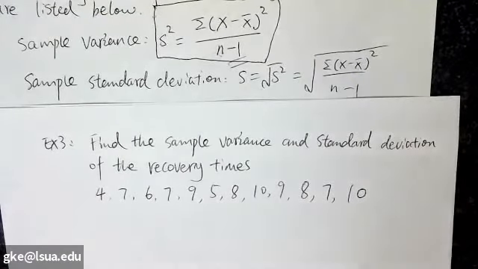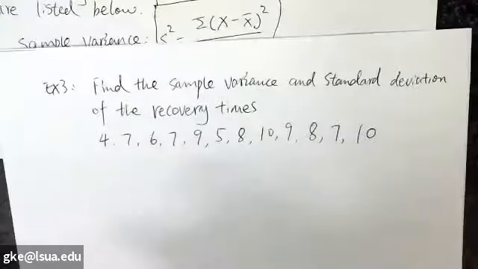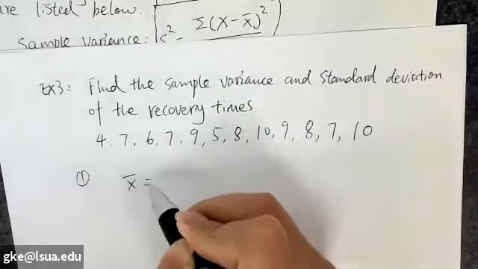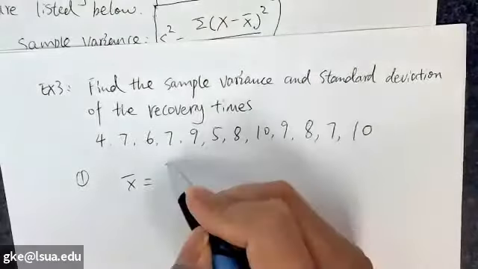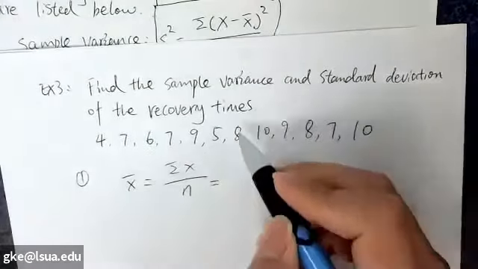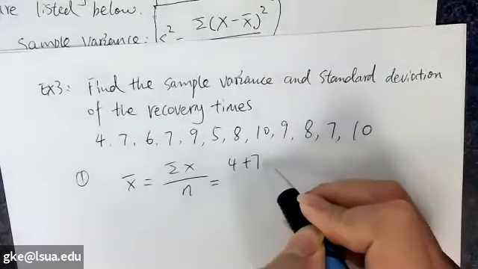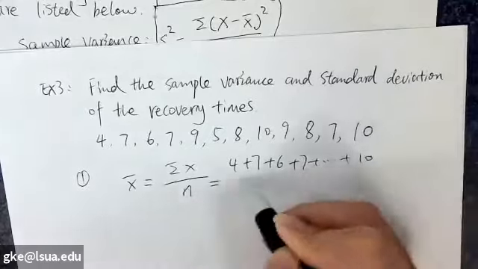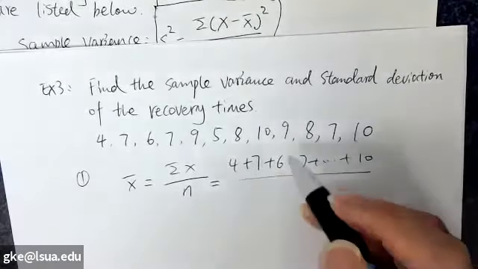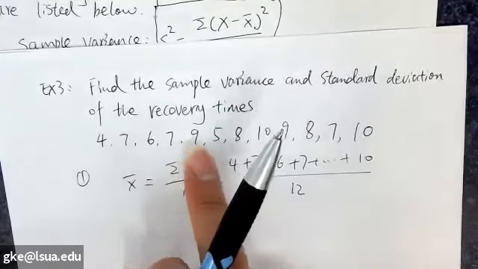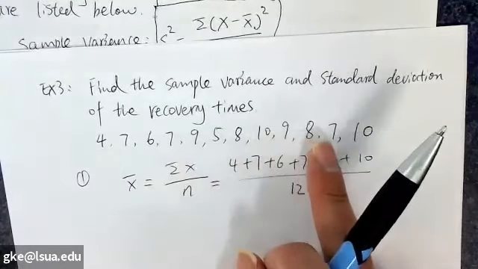So let's take a look at the steps. So now it's about x bar, the mean value, the summation divided by n. So 4 plus 7 plus 6 plus 7 plus 7, and so on. Add all of them, divided by the total number, which is 12: 1, 2, 3, 4, 5, 6, 7, 8, 9, 10, 11, 12.